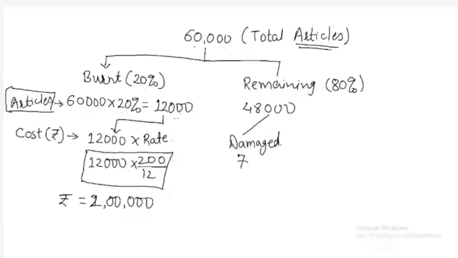So balance: out of 48,000, 7,200 damage. So how much is left? 48,000 minus 7,200, this is balance. 40,800. This is in good condition.